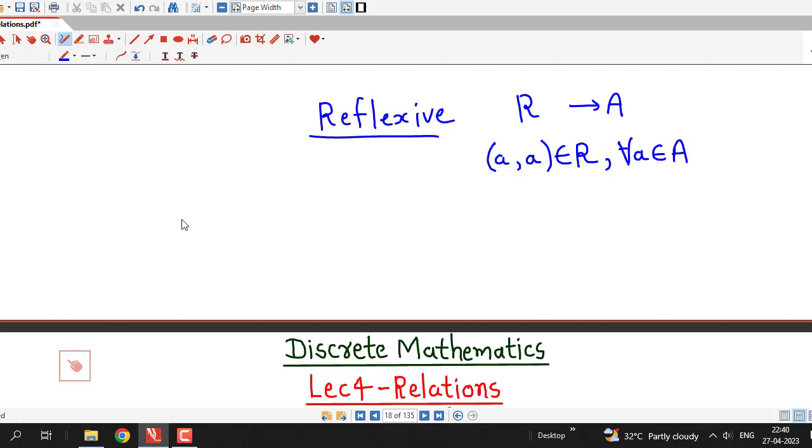Now in this lecture we are going to define symmetric relation. This is also an easy definition.